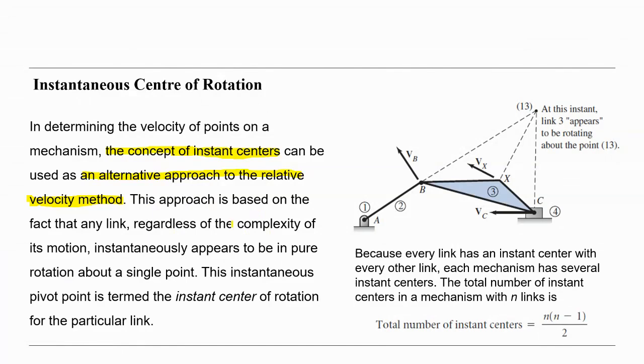This approach is based on the fact that any link, regardless of the complexity of the motion, instantaneously appears to be in pure rotation about a single point. So this is also interesting.